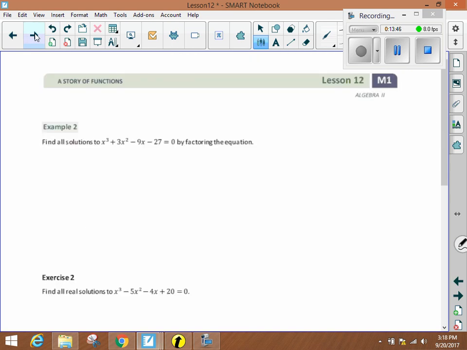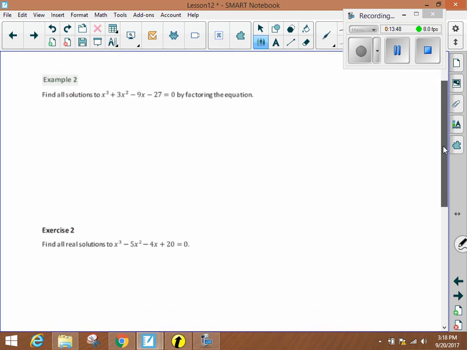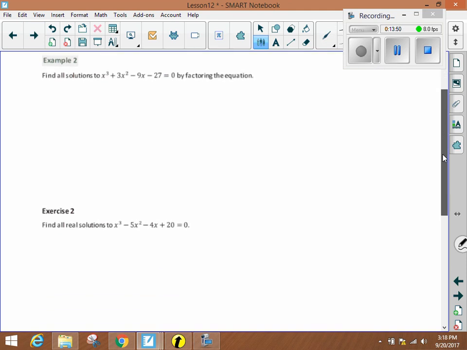Let's find all solutions to something new, something different. That's not a quadratic, and I don't see any quadratics in there. What am I to do? What am I going to do?